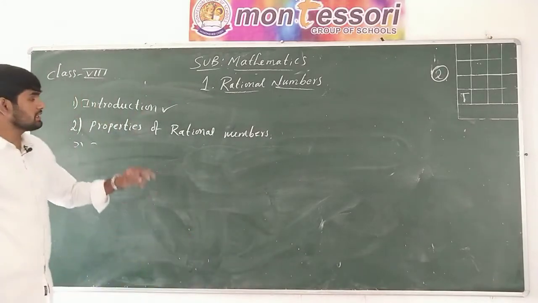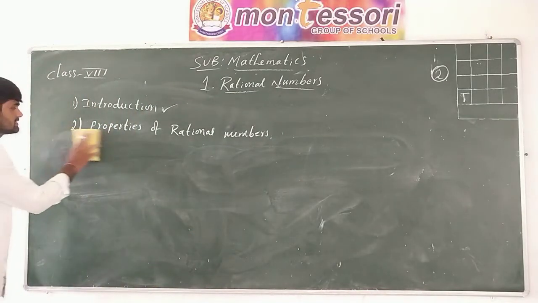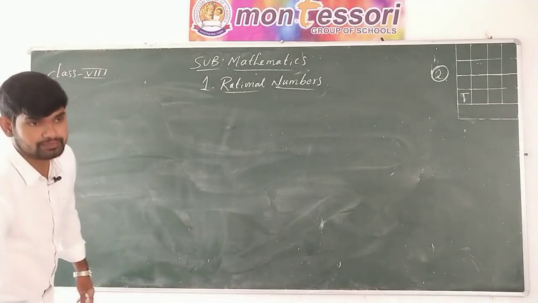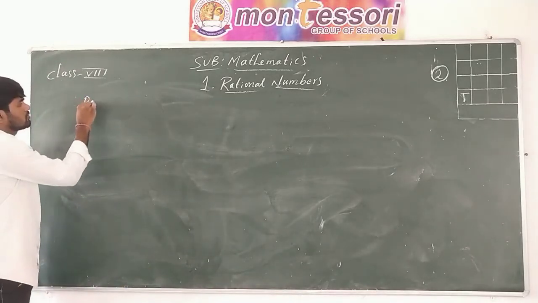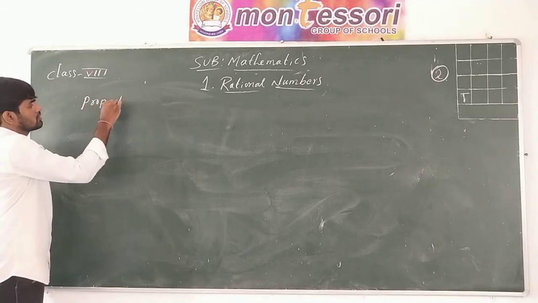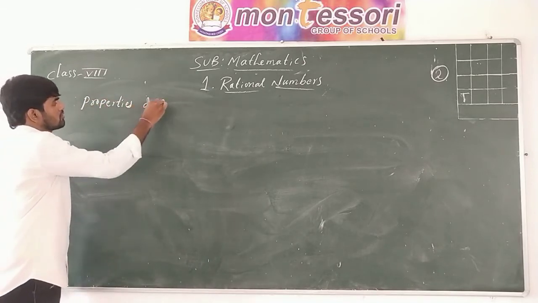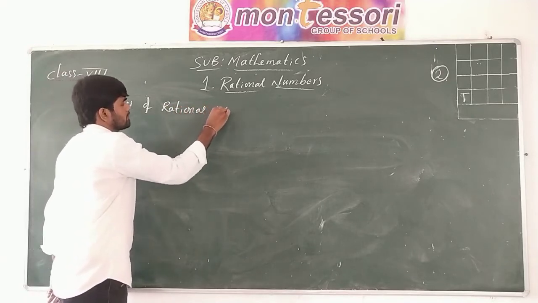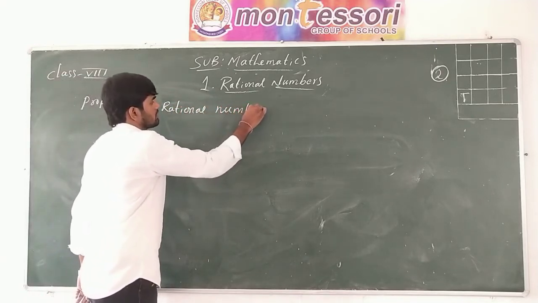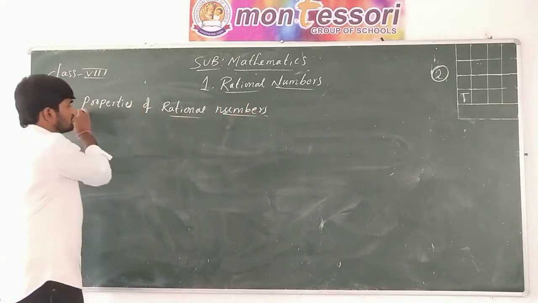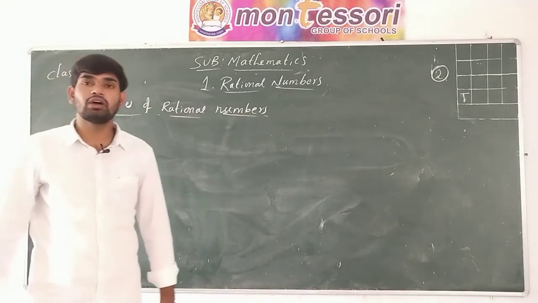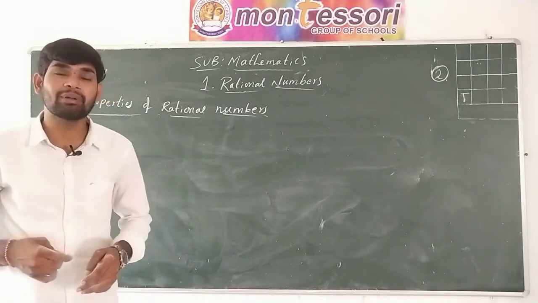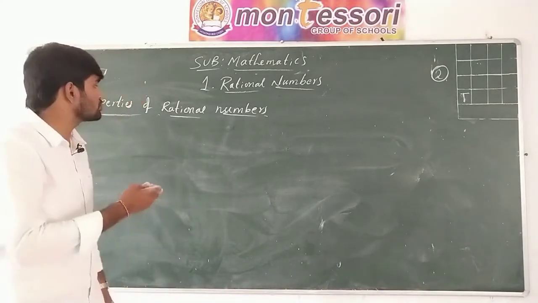Now let us see about the properties of rational numbers. In the earlier classes, you have learned the basic operations on the rational numbers, means how to add, how to subtract, how to multiply, and how to divide the rational numbers.